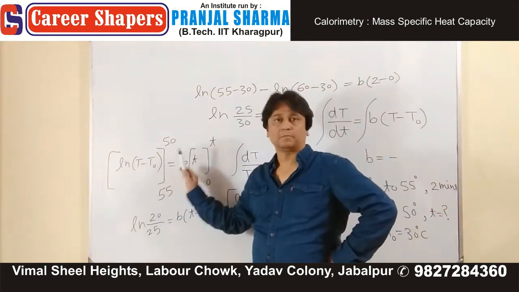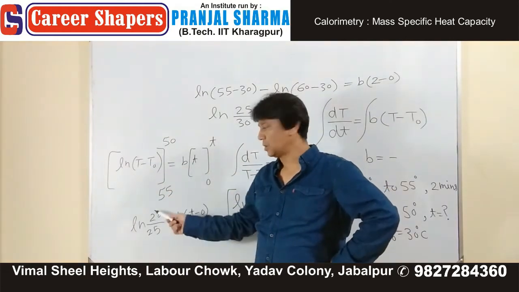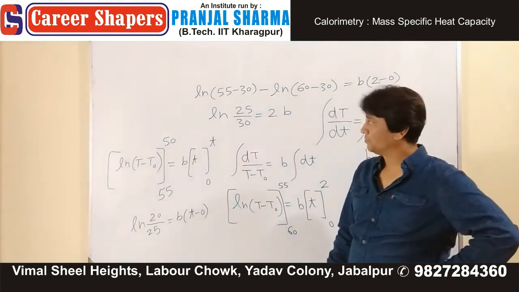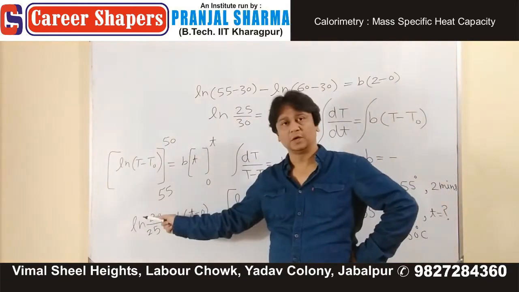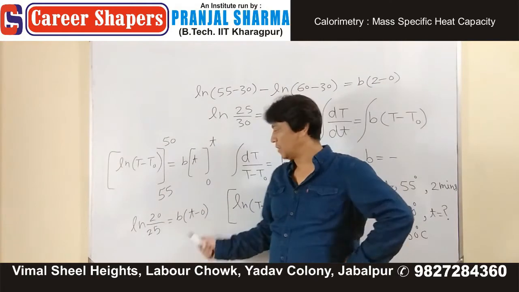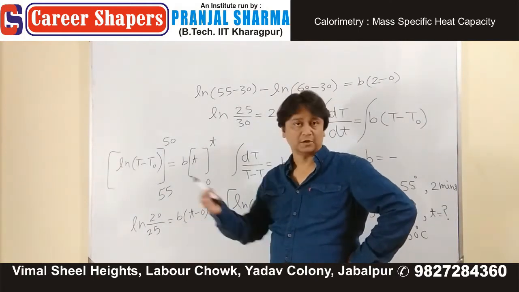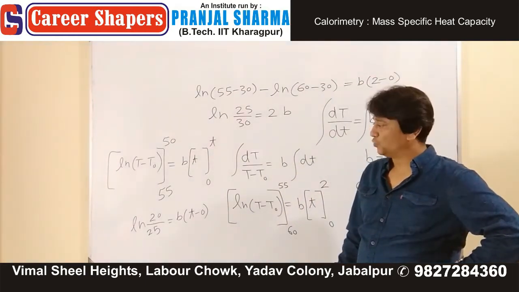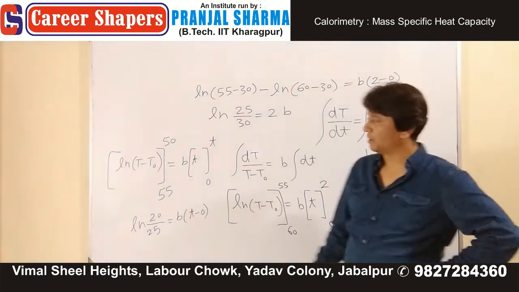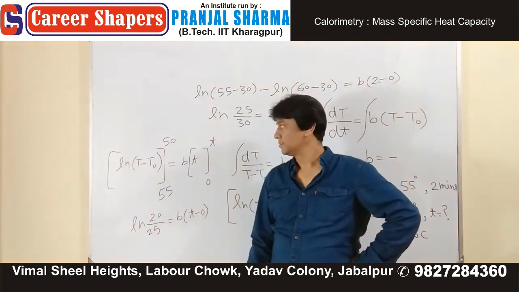Upper limit minus lower limit, you get log A minus log B, which becomes log A upon B. Now from this, divide and you get the value of T. So that's how you can easily find the time in which temperature drops from 55 to 50.